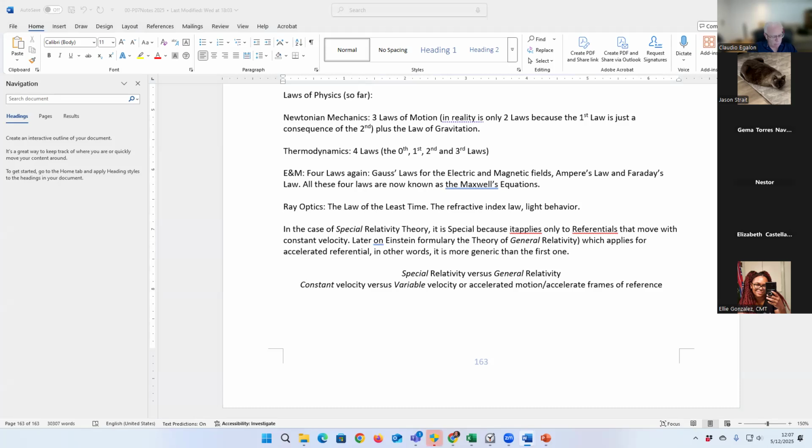So when Einstein proposed his theory of relativity, there's a fascinating history behind that. Okay, physics was in a crisis mode. At the end of the 19th century and beginning of the 20th century, physicists thought that they had figured out the universe, that there was nothing else to learn, nothing else to discover, nothing else to understand.